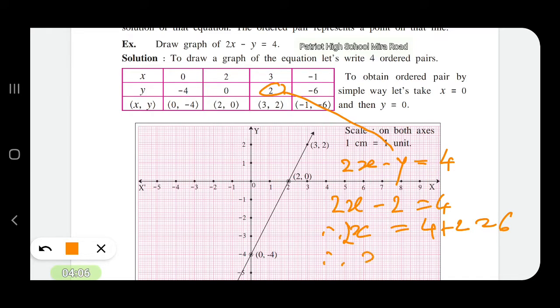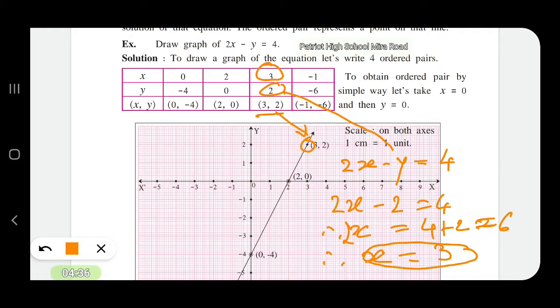Therefore x is equal to 6 upon 2, which will be 3. So this 3 will form an ordered pair here. The value of x is 3 and the value of y is 2. So this forms an ordered pair, and this is represented on the graph by this point 3, 2.